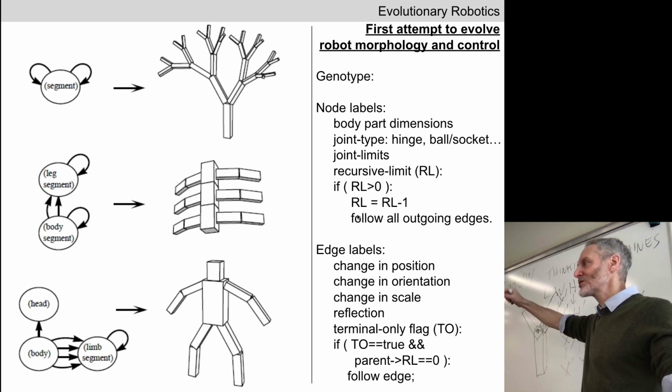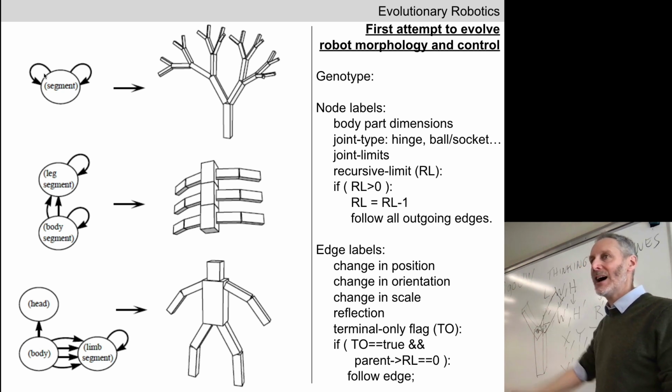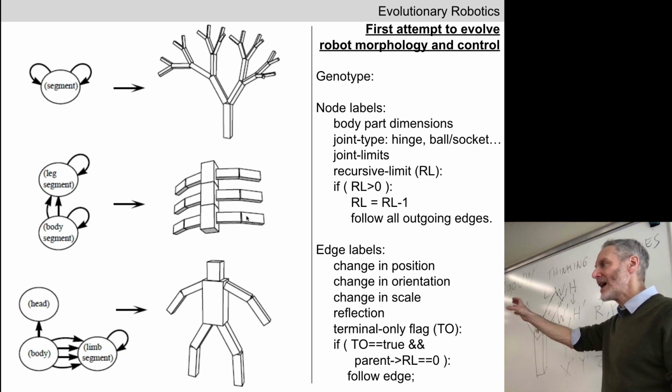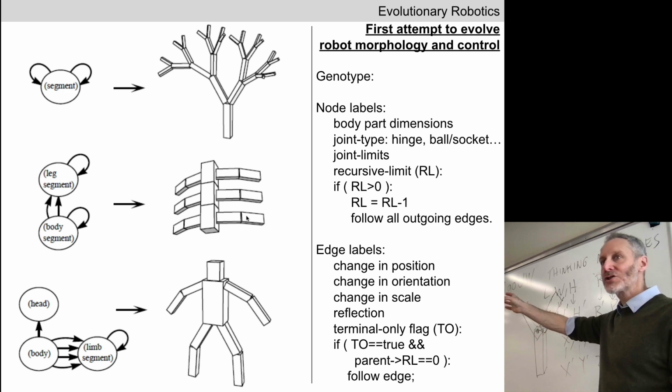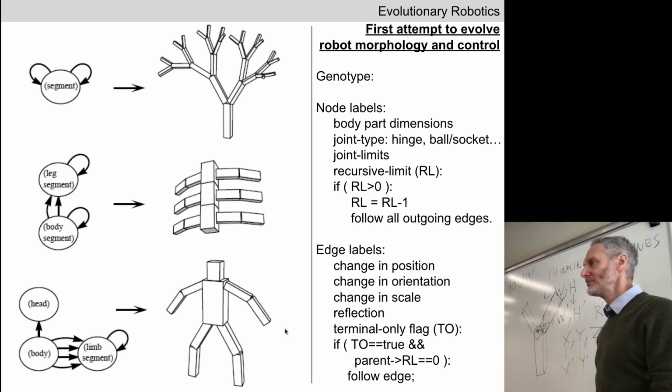Once you've reached the recursive limit of building something, now you're allowed to follow the edge and build whatever you arrive at on the other side of the edge. Carl probably threw it in thinking that for some of these creatures, it would be good to have a unique structure at the end of some of these appendages. A claw, a head, a foot, a hand, who knows?